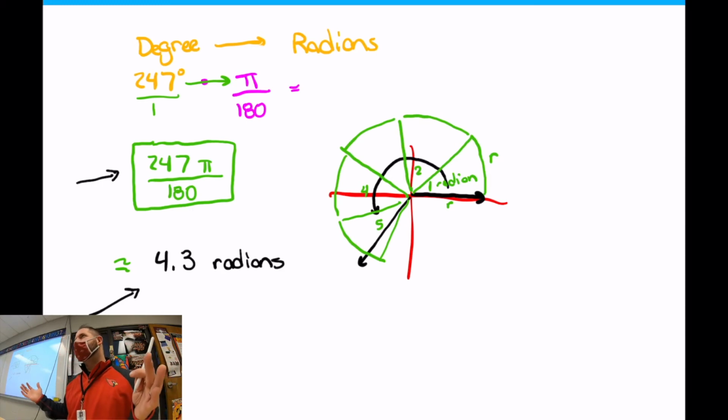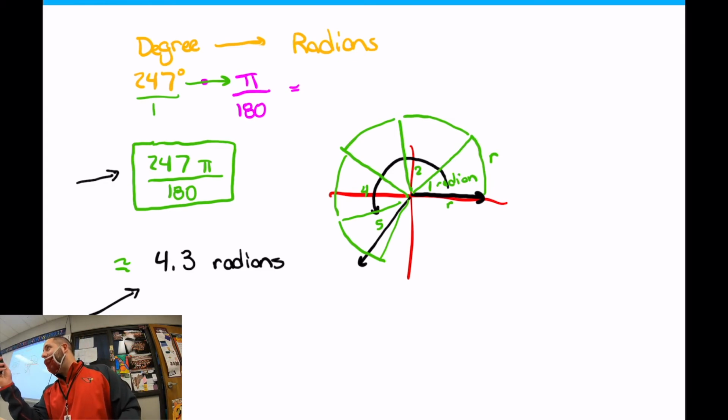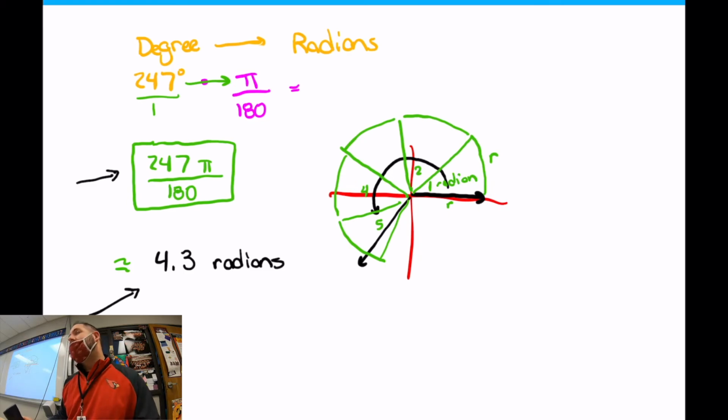That's too big of a number to work with. Smaller numbers are easier to do in my head and on calculators. Because the reason they did this is that calculators back in the day had a limit of 8 numbers on your screen. Having 4.3 is an easier number to type in, as opposed to 360 or 247 or weird numbers.